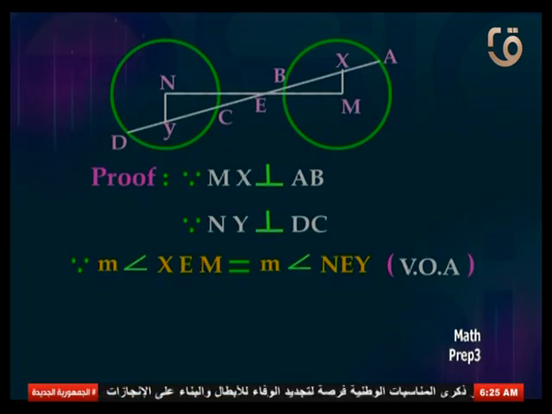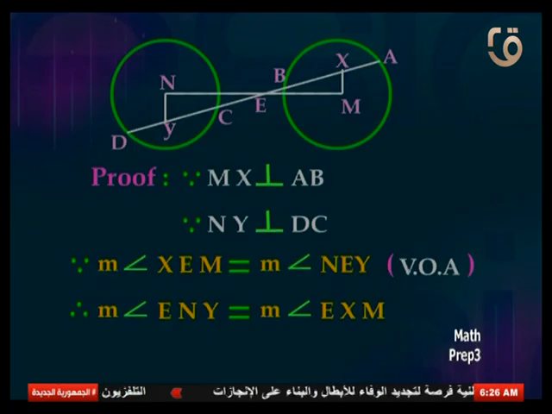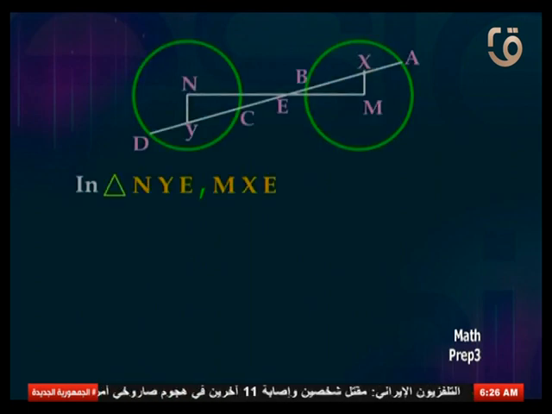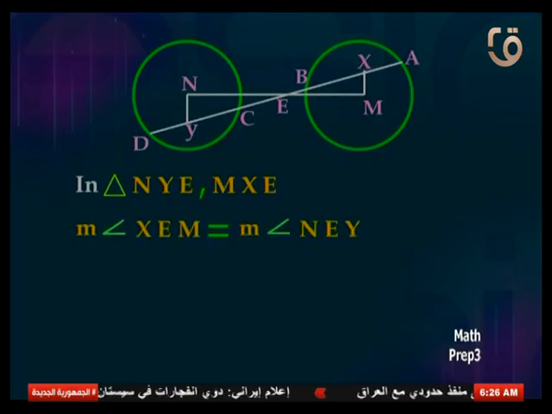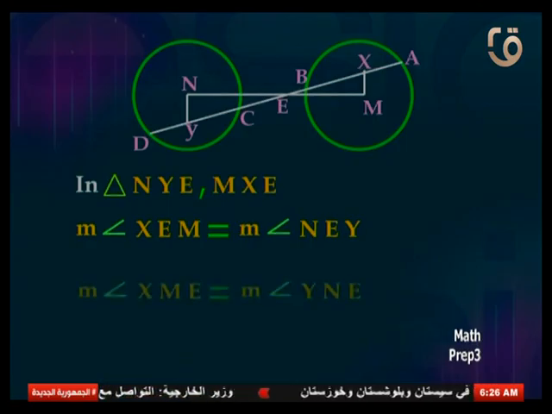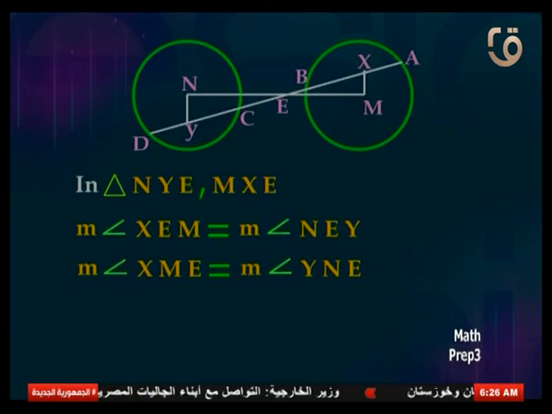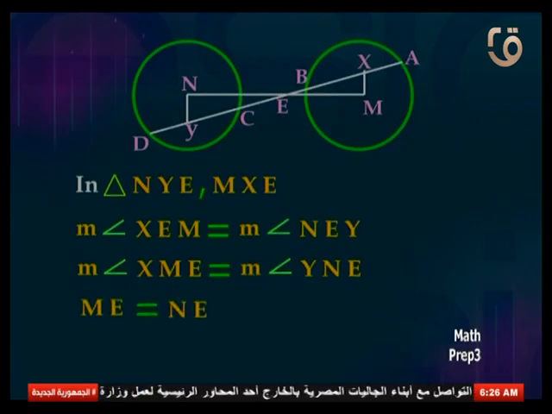And as measure angle ENY equals measure angle EXM, then we can say that in the two triangles NYE and MXE, you have measure angle XEM equals measure angle NEY, measure angle XME equals measure angle YNE, and ME equals NE.